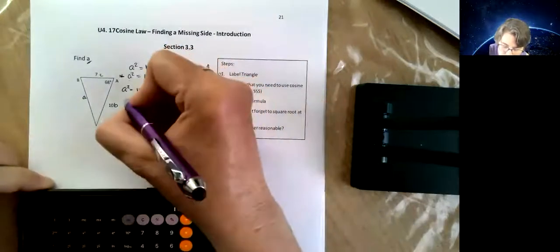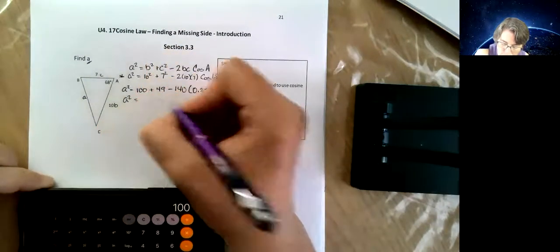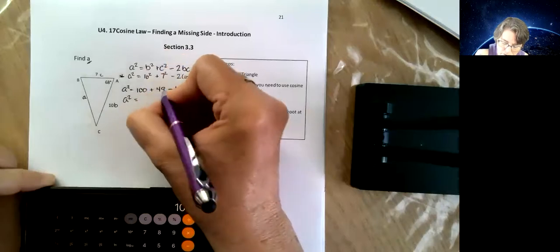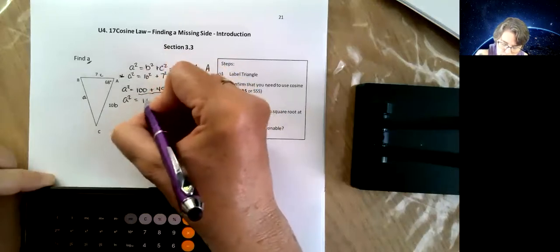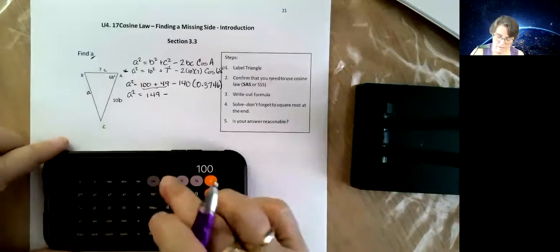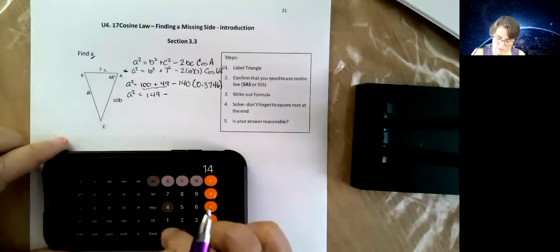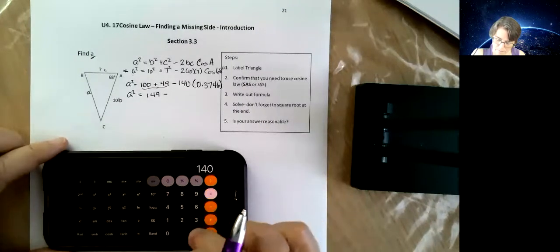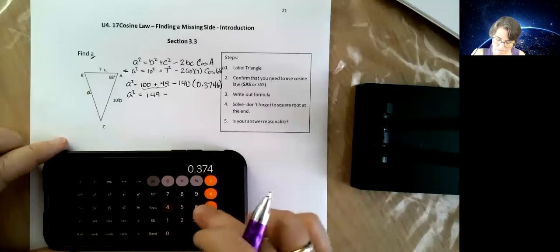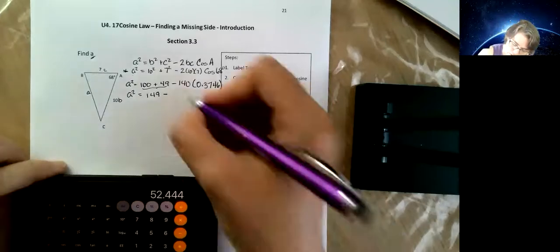So A squared equals 100 plus 49. So I'm going to put these together. Minus, and then I'm going to multiply that stuff. So 140 times 0.3746, 52.44.